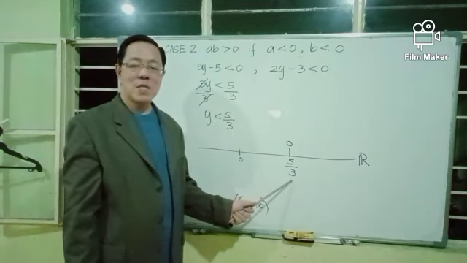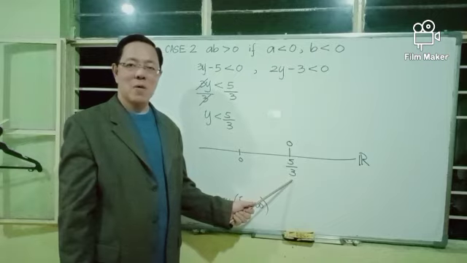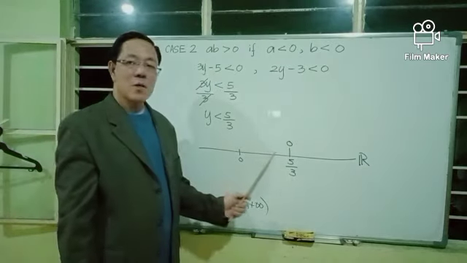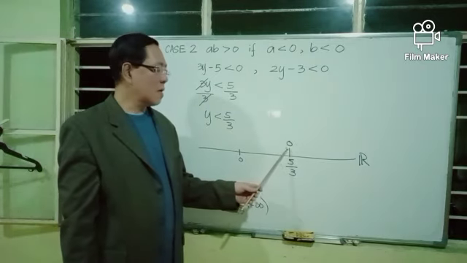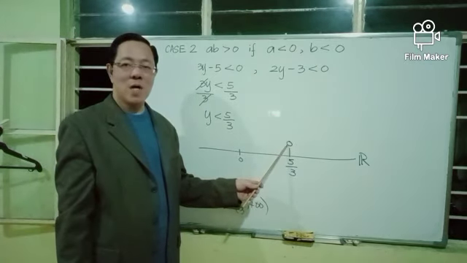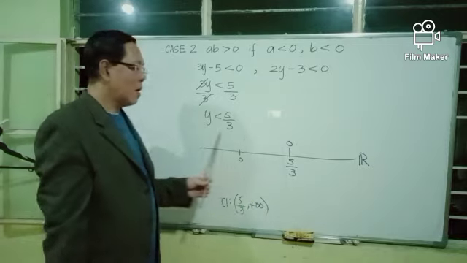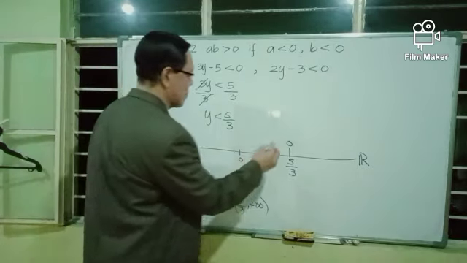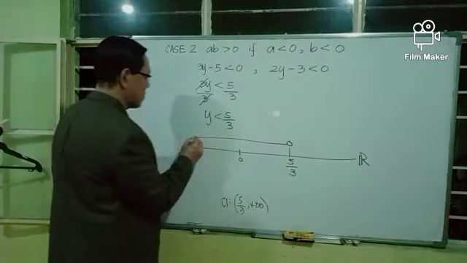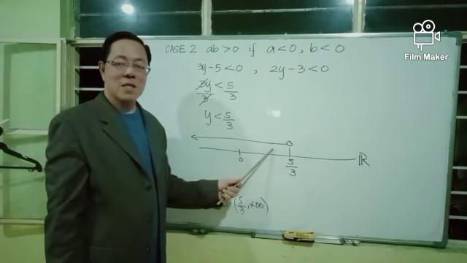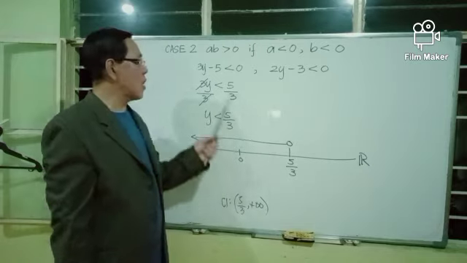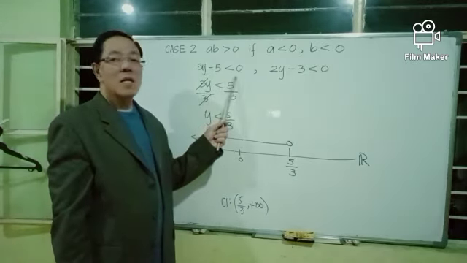This is 5 over 3. The real numbers that are less than 5 over 3 are those real numbers to its left. Thus, from this hole or small circle, we draw an arrow going to the left. And this is the diagrammatic representation of the solution of 3y minus 5 less than 0.